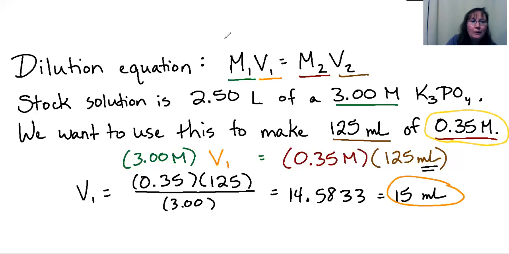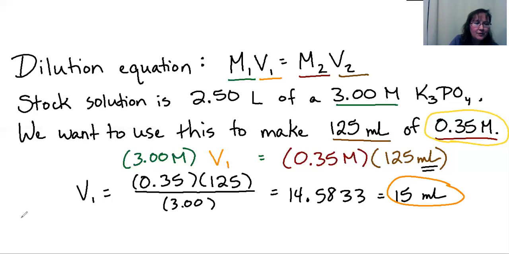So now here's how I write my final answer. This might be your SOP, which in the industry stands for Standard Operating Procedure, just a list of steps that you would do to make this.